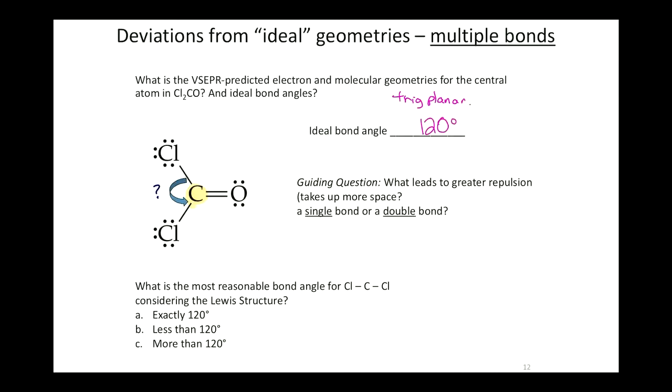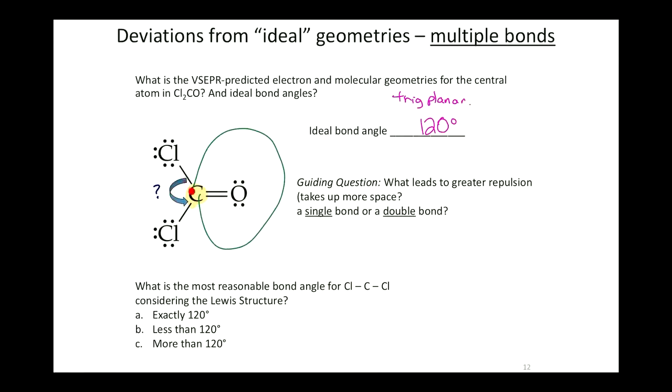Remember what we said about space requirements between single and double bonds. If we lived in an ideal world, yes, these bond angles would be 120 degrees because it's trigonal planar. But if we look at the actual details of this molecule, this double bond actually takes up a little bit more room. I'm going to make it nice, big, and fat. That double bond takes up more room there.